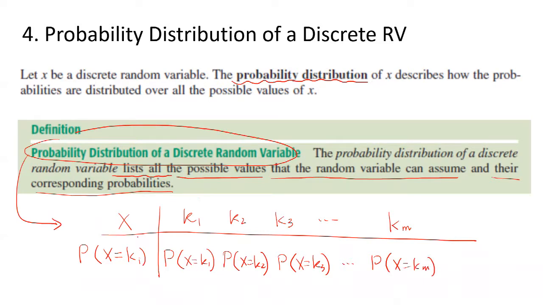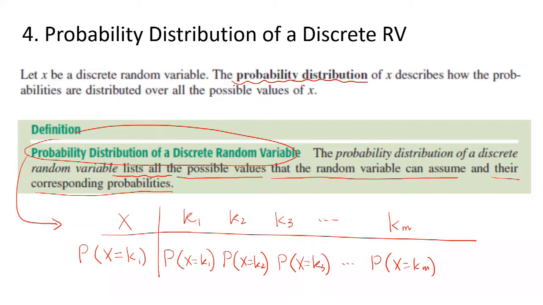So this table is called the probability distribution of a discrete random variable. From this table, we have all the information regarding this discrete random variable, such as what values it can assume and the corresponding probabilities associated with each value, right?